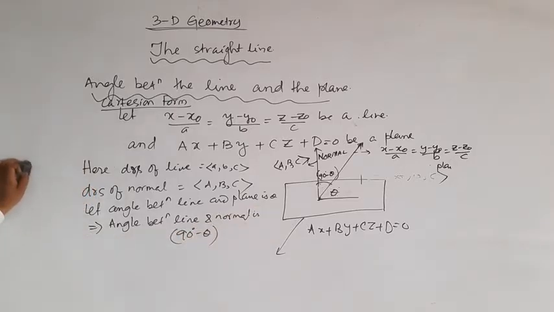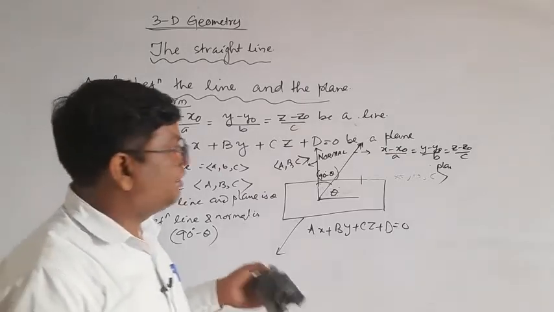So we know the angle between two lines; the normal is also a straight line.